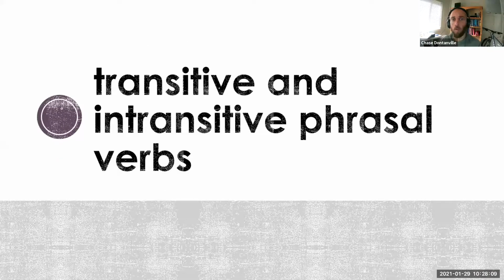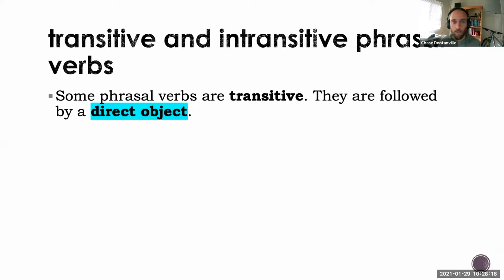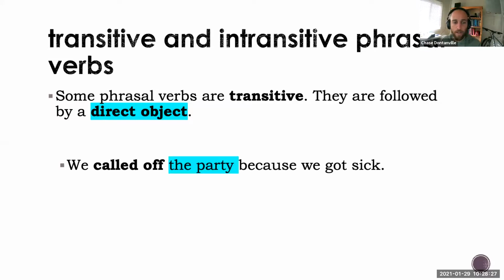Okay, so we saw what is a phrasal verb. Let's look at transitive phrasal verbs and intransitive phrasal verbs. Now, obviously, some phrasal verbs are transitive. And if they're transitive, it means they need a direct object. We called off the party because we got sick. So call off is the phrasal verb.